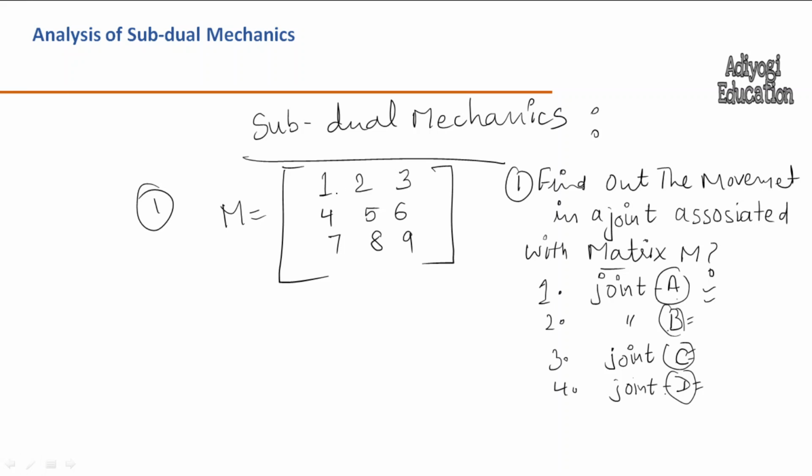To find it out, we need to write down R1, R2, R3, and similarly C1, C2 and C3. Let's see the solution.